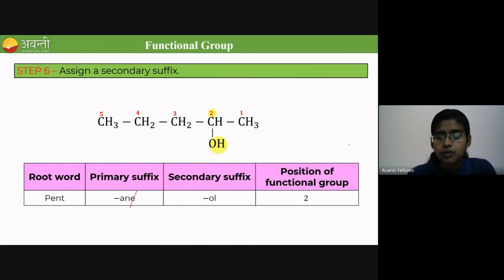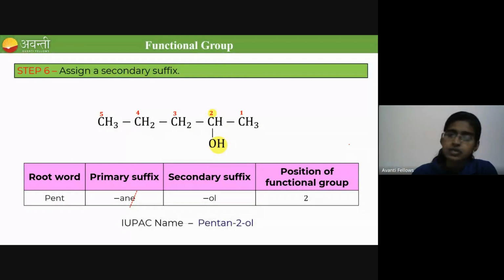Now what is the name of this compound? You have to replace the E by OL to name the compound. So it becomes pentane. Pentane is the actual name. And in pentane, you have to remove this E and substitute it by OL.